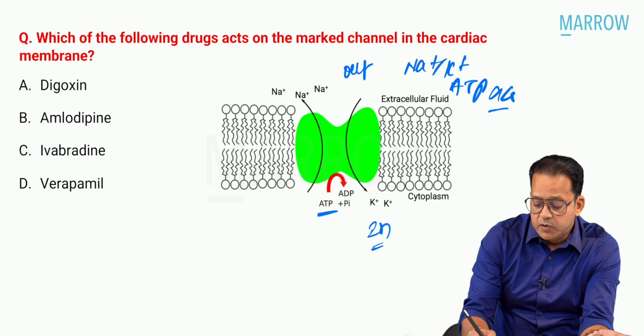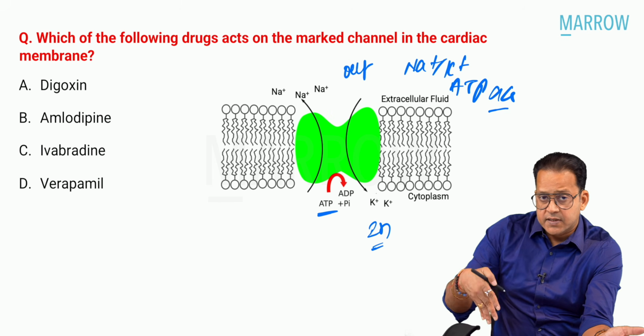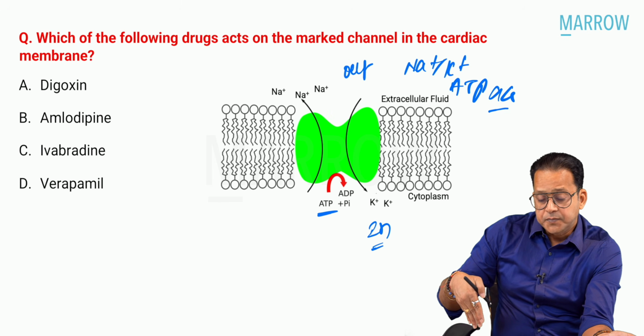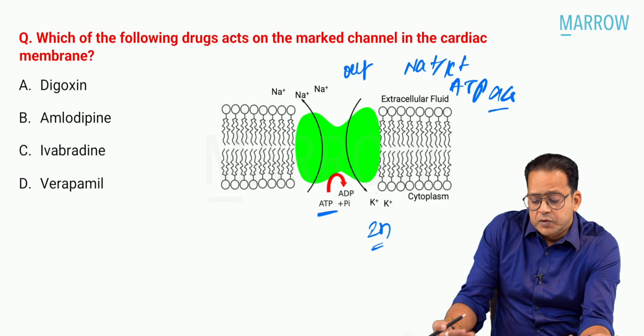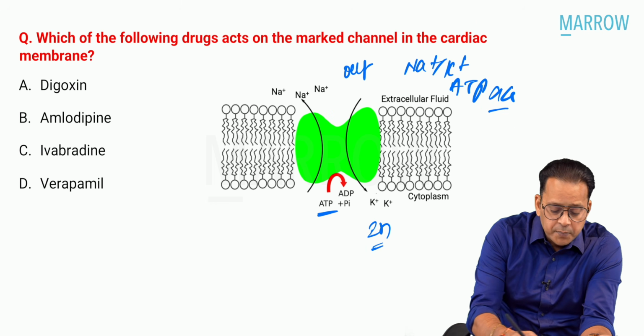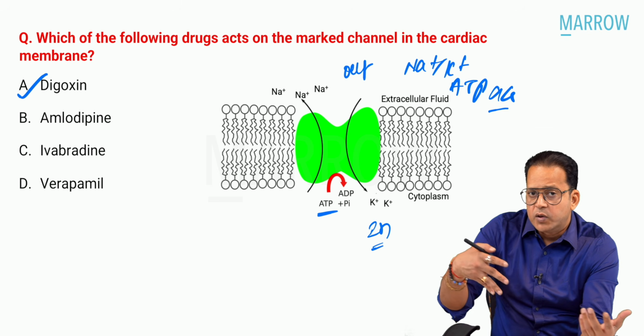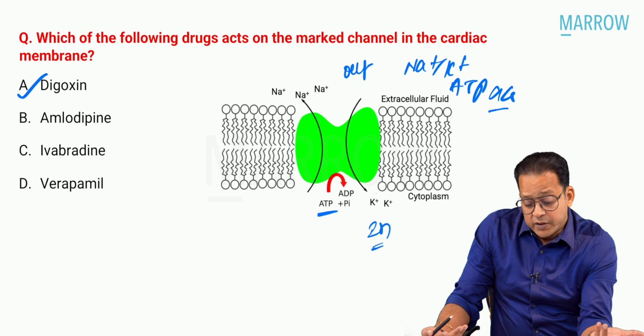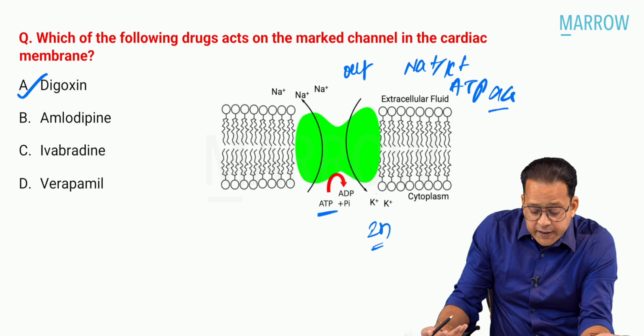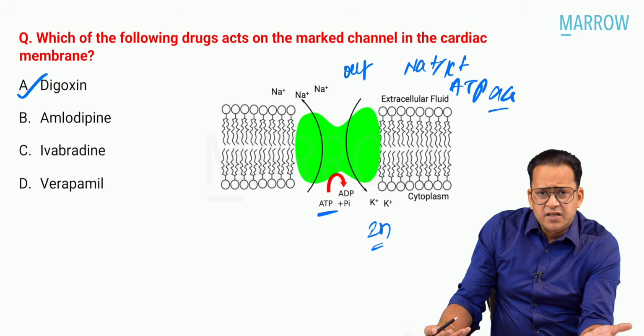And why ATPase pump? Because ATP is required for this efflux and influx. In other words, the examiner is trying to ask which of the following is a blocker of the sodium-potassium ATPase pump, and that is digoxin. I don't think any one of you would have done this MCQ wrong, even in your sleep, right? Even in your dreams, you could have answered the right answer. So guys, digoxin is the answer here. There is nothing much to discuss here.